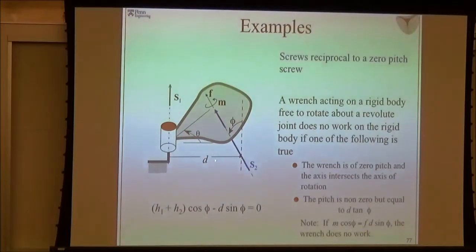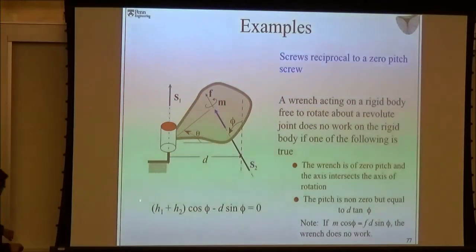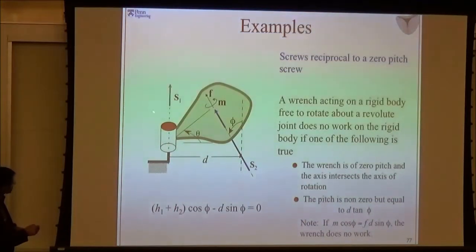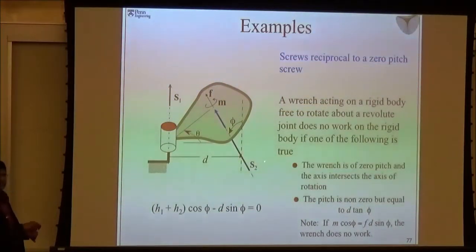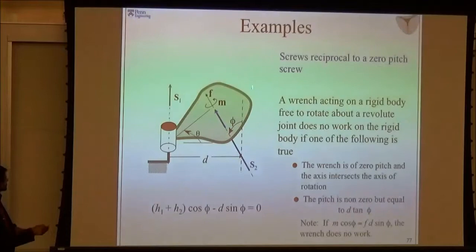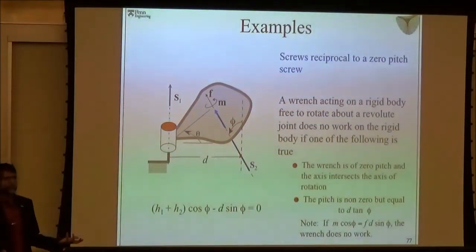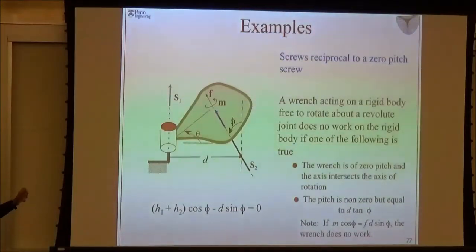So in that setting, essentially H1 and H2 are both 0. This is a pure rotation. This is a pure force. And the value D is 0, and you can see that this equation is satisfied. In fact, if this force were parallel to this pure rotation, you would do no work. So these are useful things to recognize in terms of reciprocity.